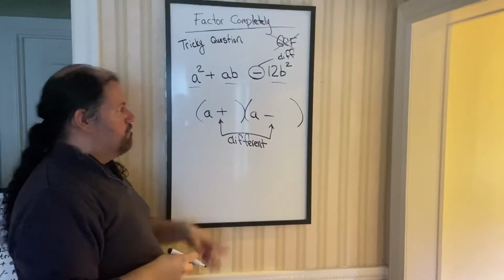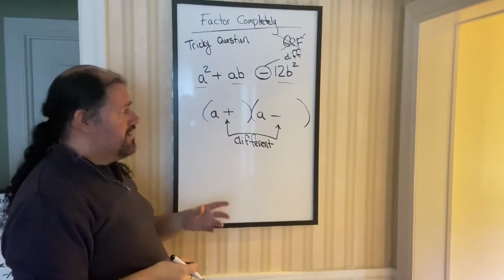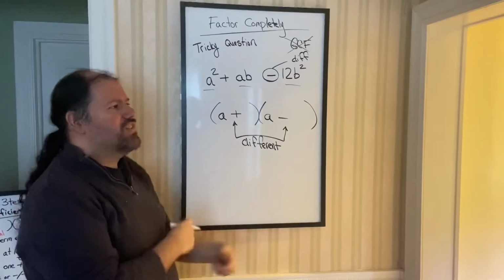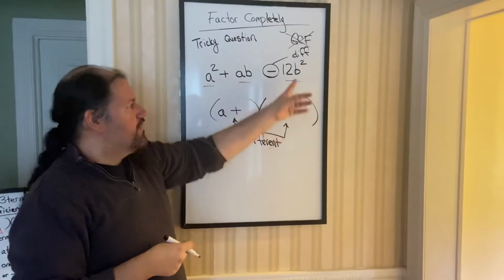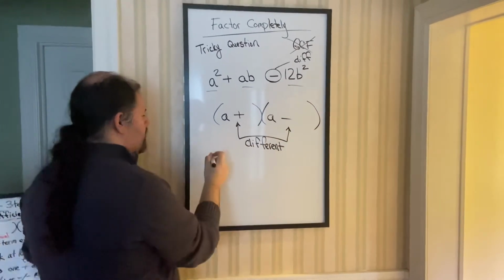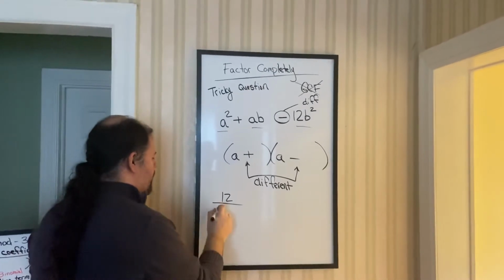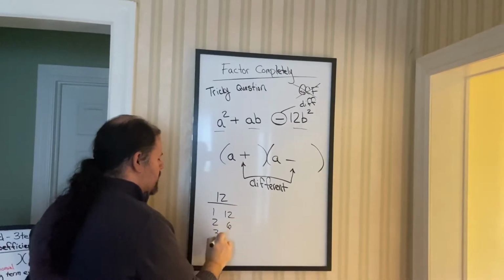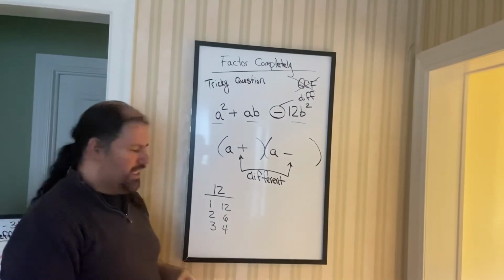Step 2, do the combos of the last term. Now notice this has letters and numbers. To do the combos list, you can only focus on the coefficient or constant. Forget about the variable part. So let's do all the combos of just the 12. So if we do the combos of 12, we get 1 and 12, 2 and 6, 3 and 4, and then 4 is already up on the board as a repeat, so we're done.